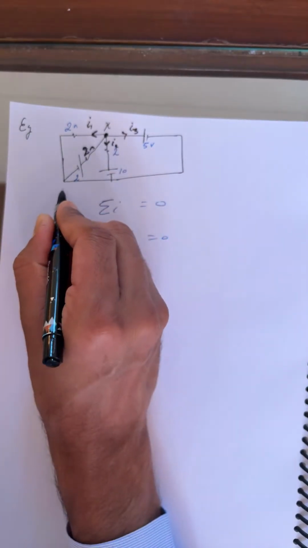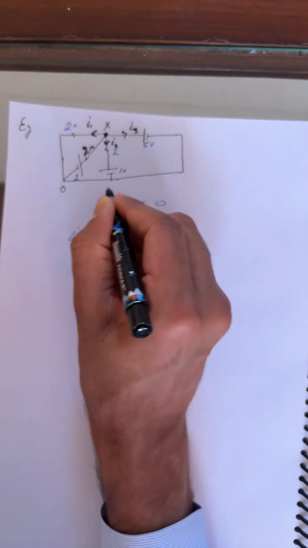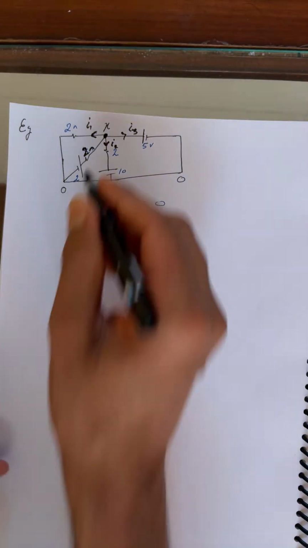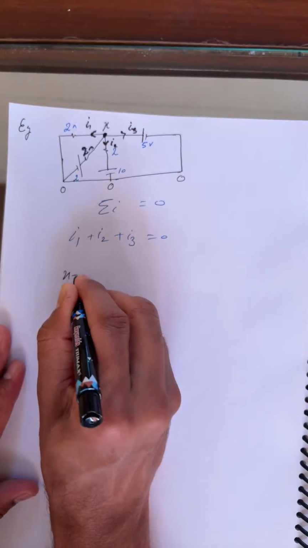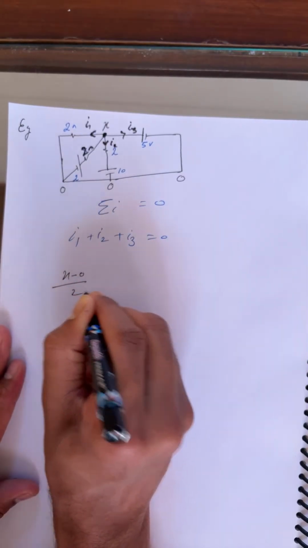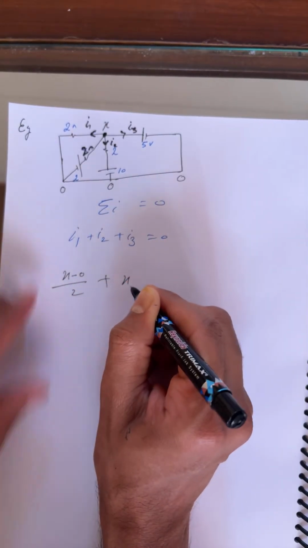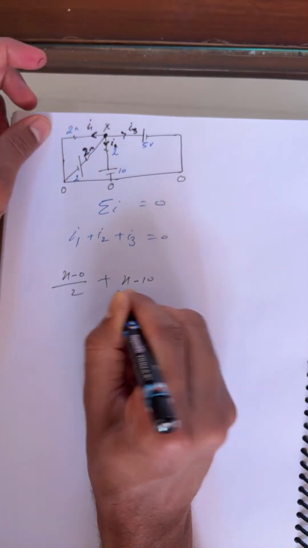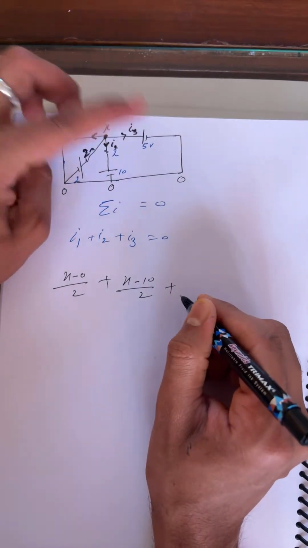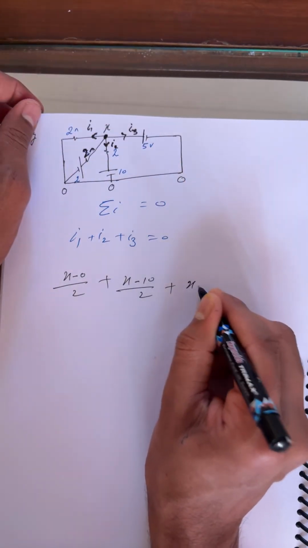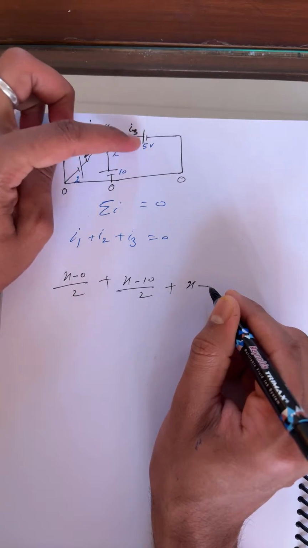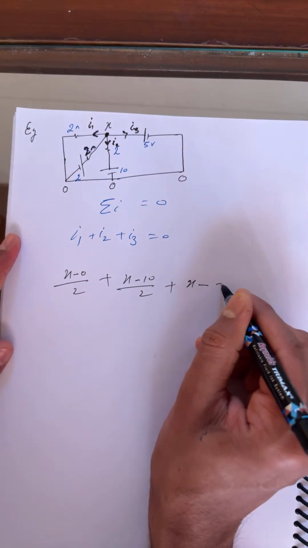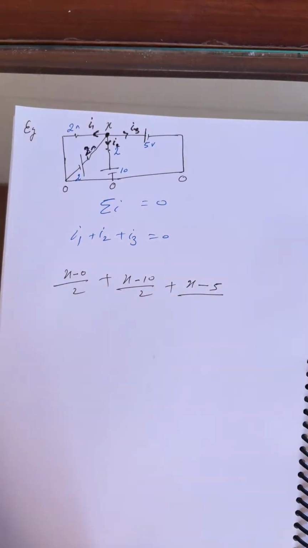This is at a higher potential, and these are 0, 0, 0. So I1 is x minus 0 upon 2, plus x minus 10 upon 2, plus x minus 5 upon 2.